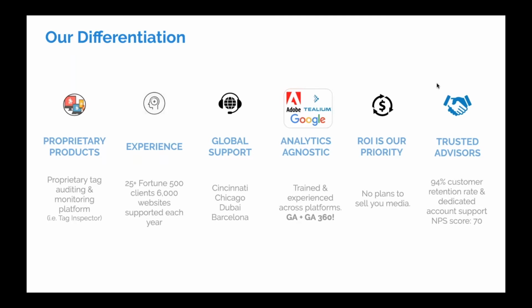Tag Inspector can do a lot more than that, but one of its key value-added components is its crawling technology and ensuring a software like Google Analytics or Google Tag Manager is present on every page, so that when you're analyzing data in GA, everything from sessions to bounce rate, some of those key metrics, are in fact accurate.